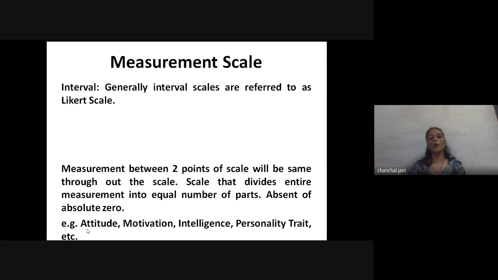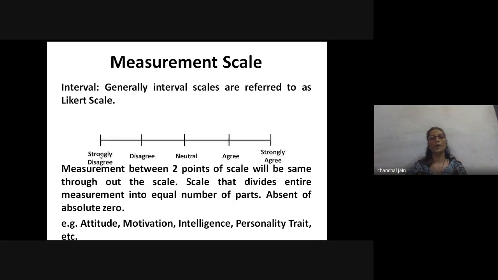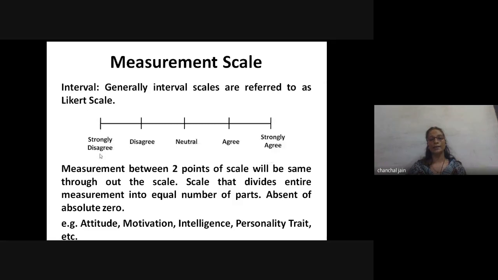Now, talking about the interval scale. Generally, Likert scales are referred to as interval scales. For example, if I want to measure the opinion of respondents on some particular topic, for that purpose I can use a Likert scale with the options strongly disagree, disagree, neutral, agree, strongly agree.